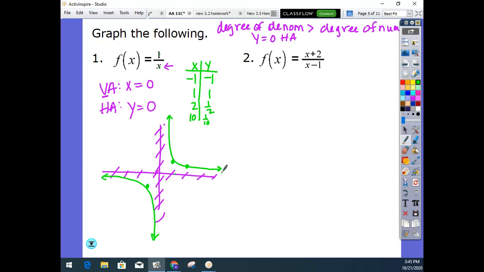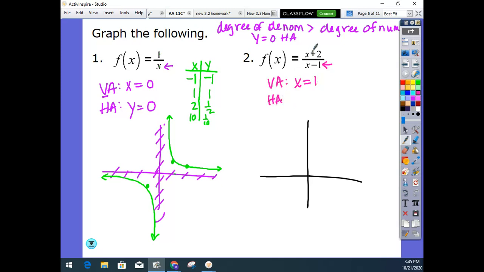All right. So now let's consider this graph. First let's talk about our vertical asymptote. What creates 0 in the bottom? When x equals 1. Horizontal asymptote.